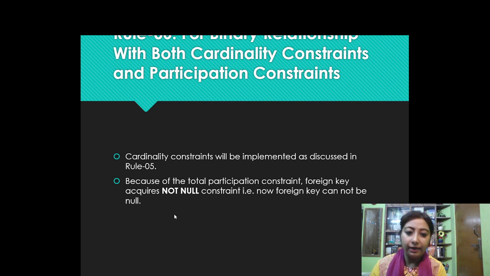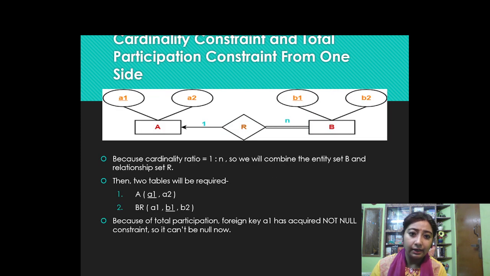Normally a foreign key can be null, but when it has total participation, it cannot be null. In this example, the double line represents total participation. It means that if A doesn't exist, then B cannot exist.